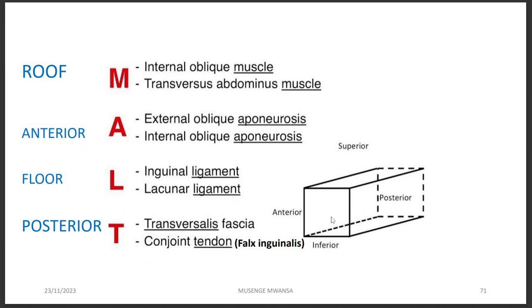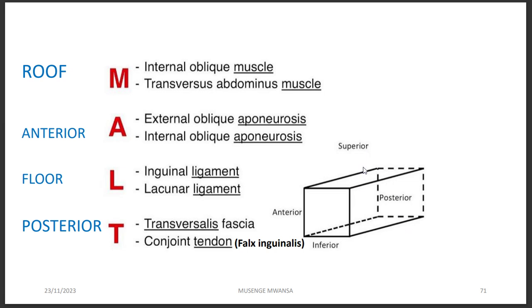And then posteriorly, we have the transversalis fascia and the conjoint tendon. The conjoint tendon will actually be these same muscles which are on top, the internal oblique muscle and the transversus abdominis muscle. They are going to curve and go to the posterior side.